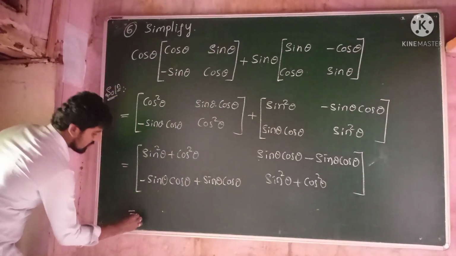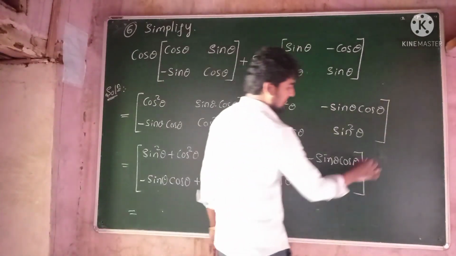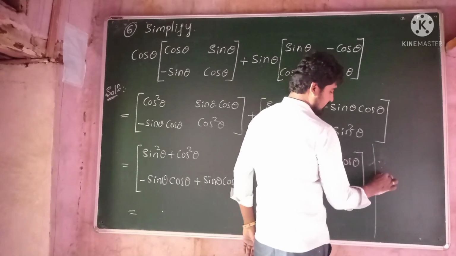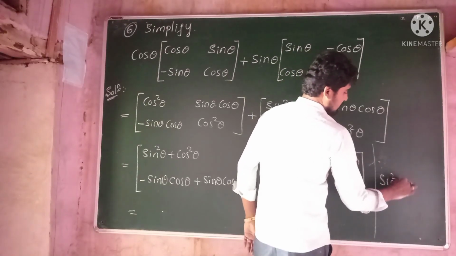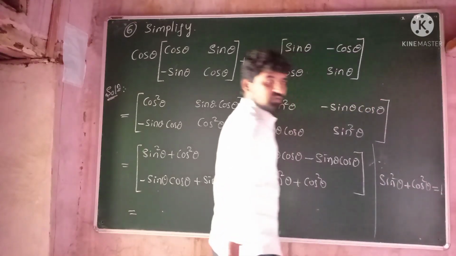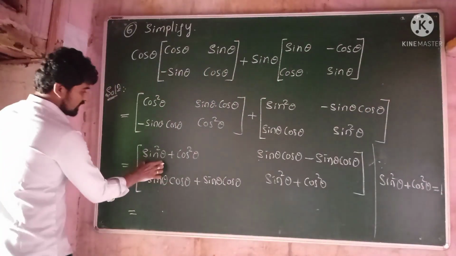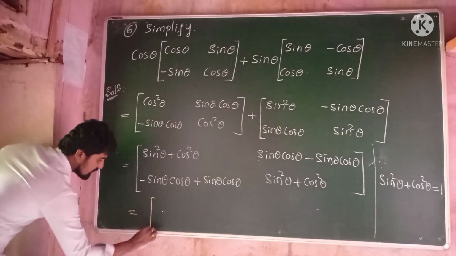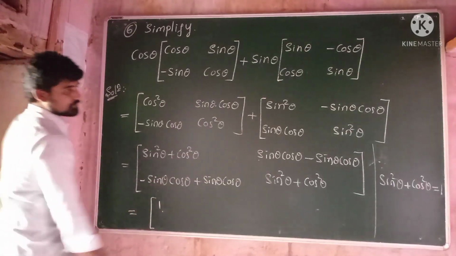which is equals to, we know one of the basic trigonometric identities, that is sin square theta plus cos square theta is equals to 1. Therefore, in place of sin square theta plus cos square theta, we may write 1.